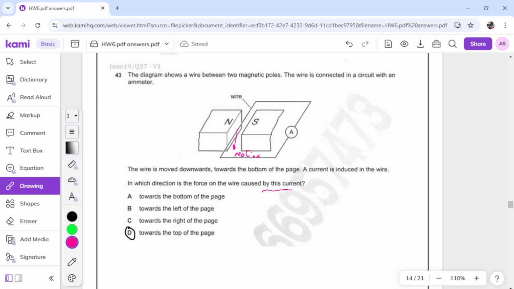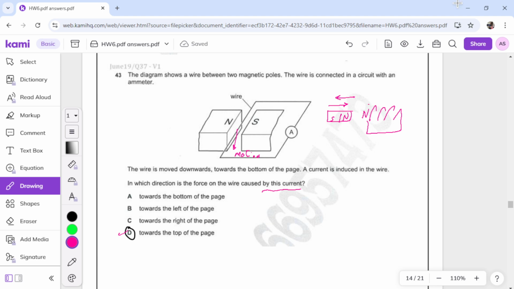Of course, if we have induced current, the force will be against the motion. So if the wire is moving down, the force must be upward. So it will be towards the top. Before, we took the coil, and we said if the magnet moves towards the coil it will give a like pole facing the magnet to make a force against the motion of the magnet.